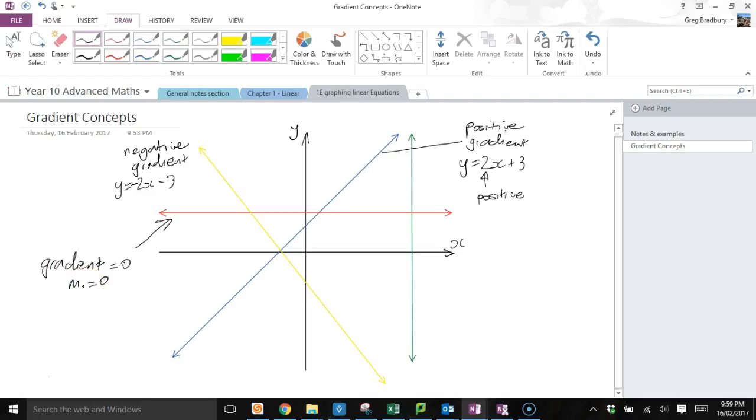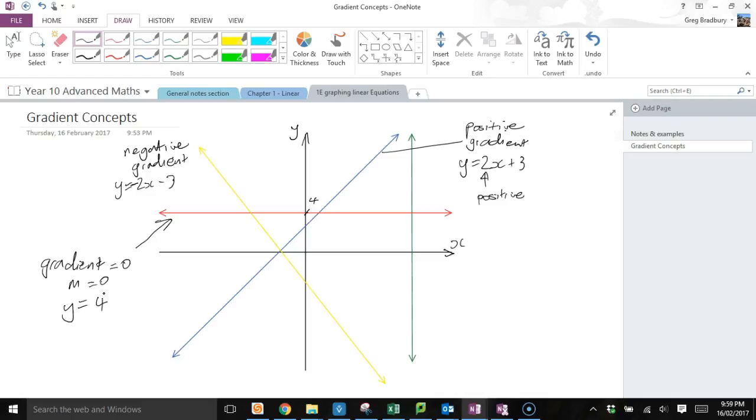Now, for an equation of this sort of line, say for example this went through at 4. Okay, so the equation of that line, it goes through 4, and whatever value x is, doesn't matter what it is, y is always 4. So there is no x variable in this equation, it's simply a y variable, so y equals 4.